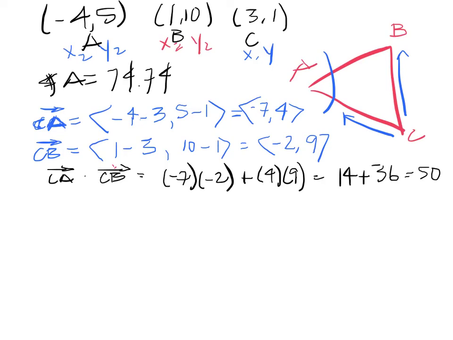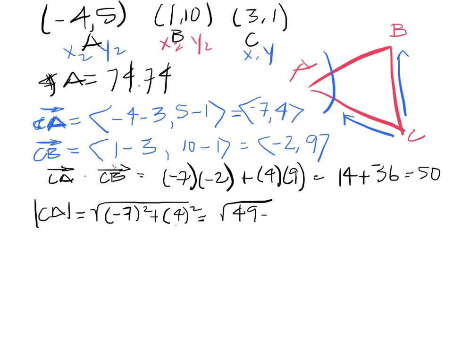Then I need to find the magnitude of CA. The magnitude of CA is the square root of negative 7 squared plus 4 squared, which is the square root of 49 plus 16, which is the square root of 65.